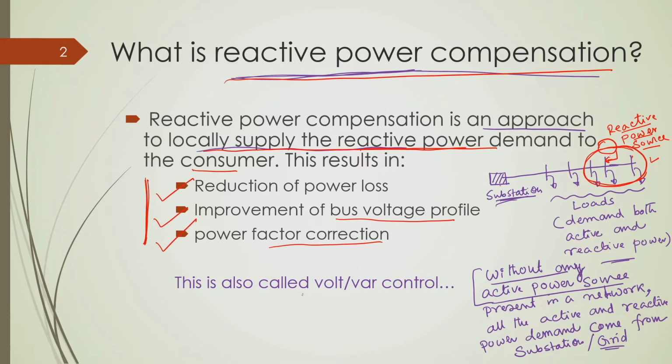And also, the way we define reactive power compensation is useful for any type of passive distribution network, and it is sometimes called volt-var control. If it is used to improve the network voltage, then it is also called volt-var control.